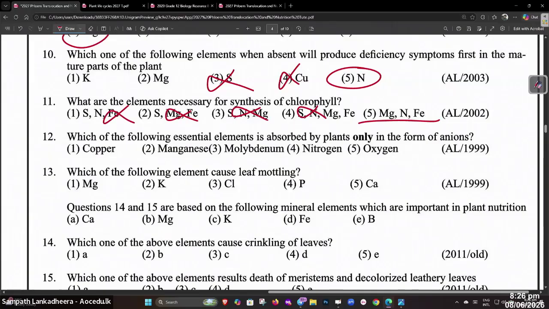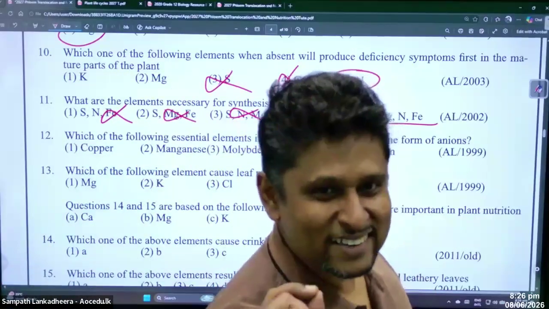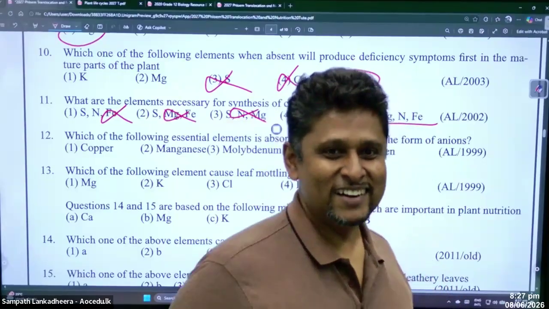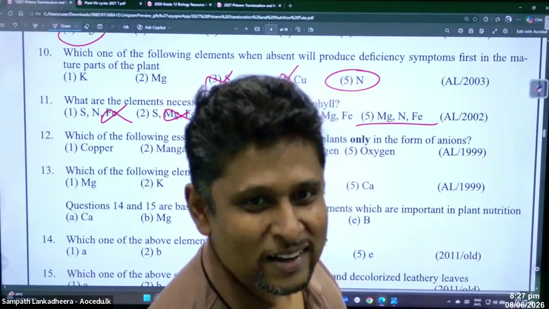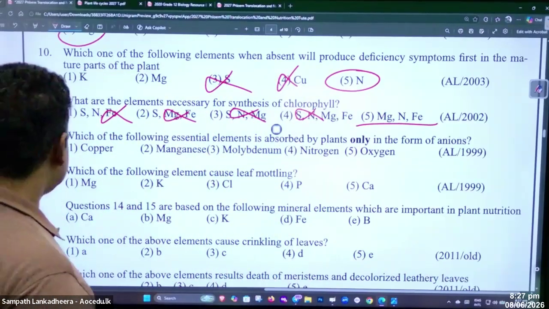Question number 12, people. Which of the following essential element is absorbed by plant only in the form of anion? Only in the form of anion. What is that, people? Someone says number 2. Molybdenum. Is it molybdenum?